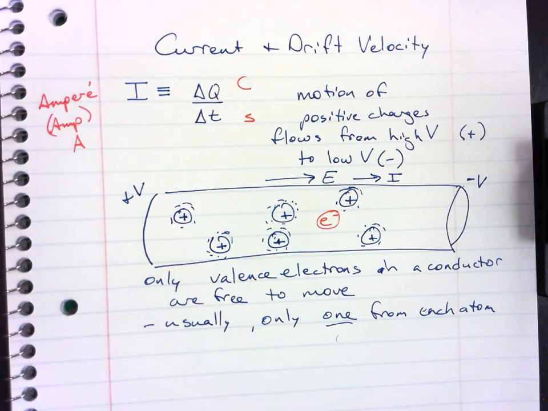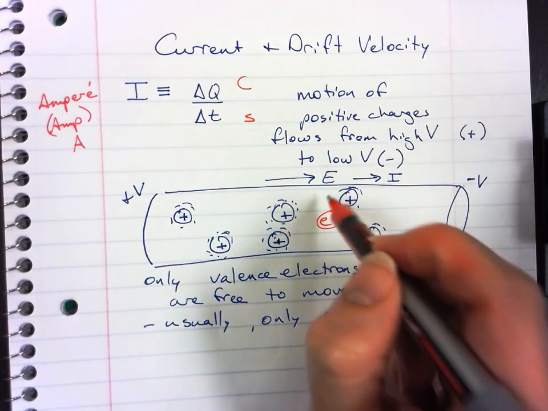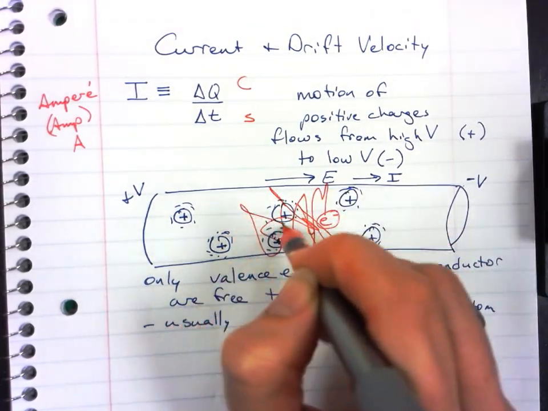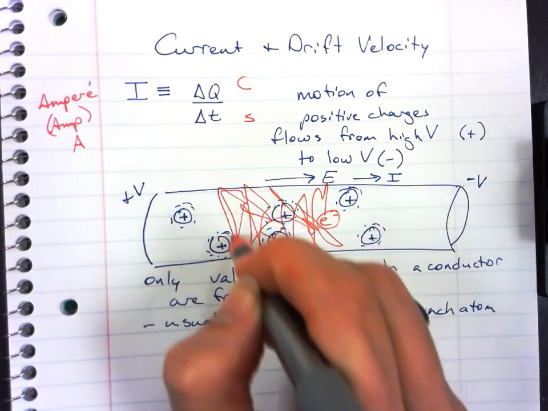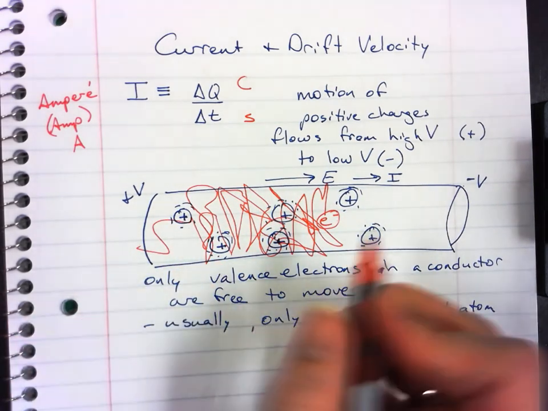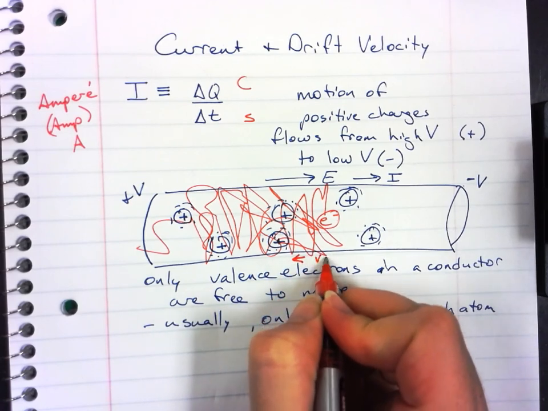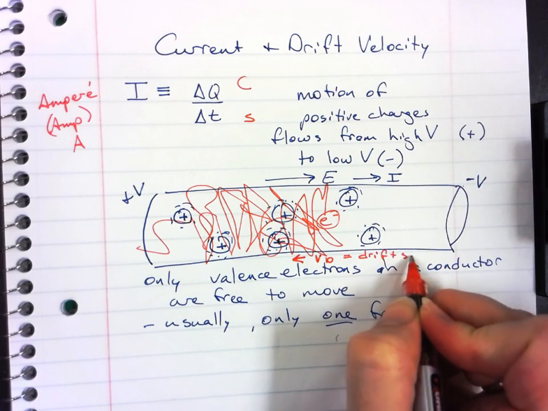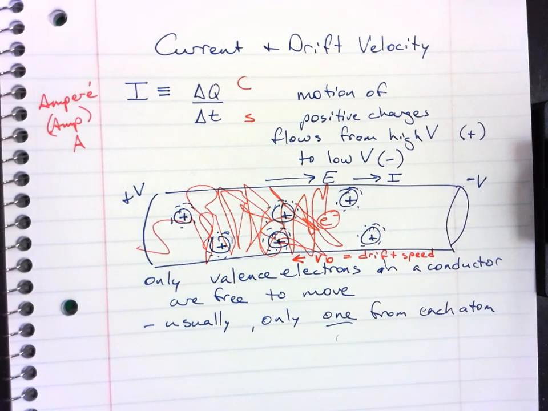So the electron wants to go this way, but there's all this other stuff in the way. So really what the electron does is bounce around randomly. But overall, it moves this direction. So we call this v_D, the drift speed, or the drift velocity.